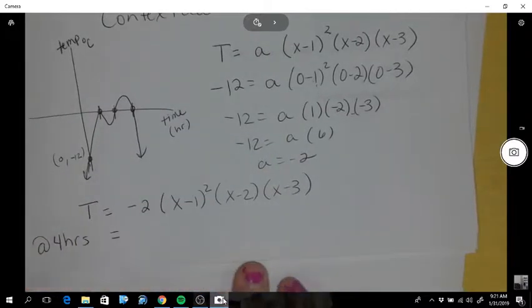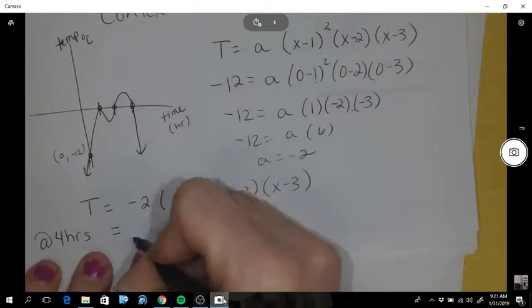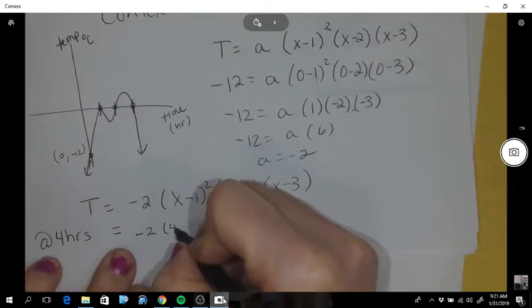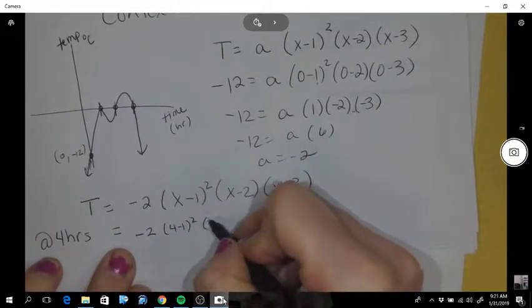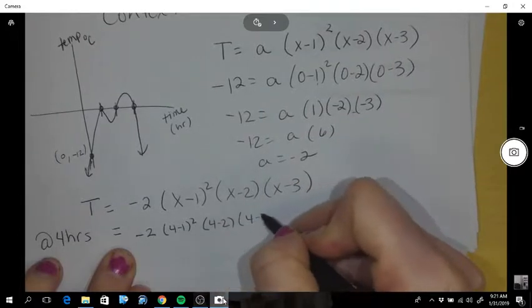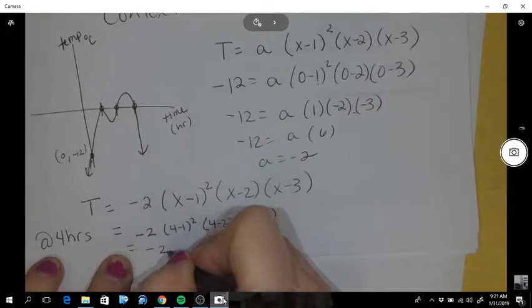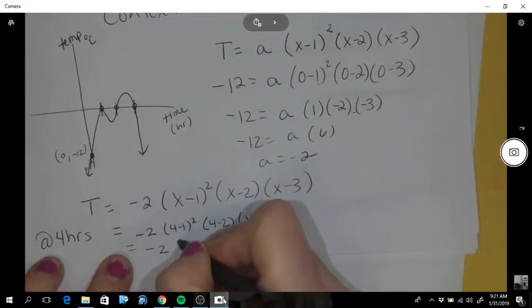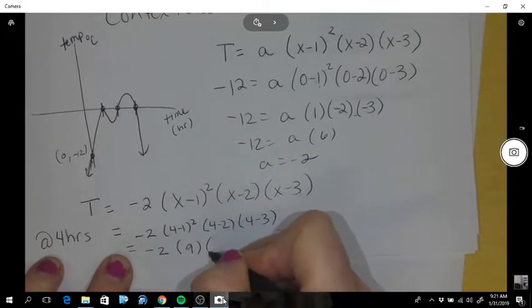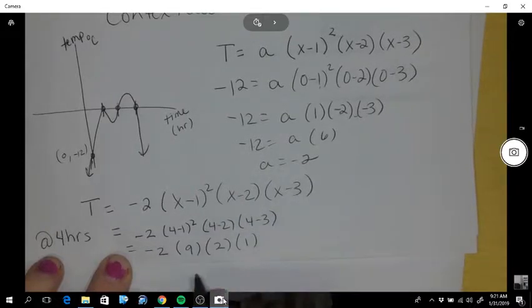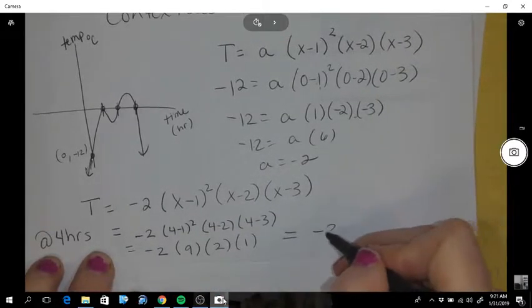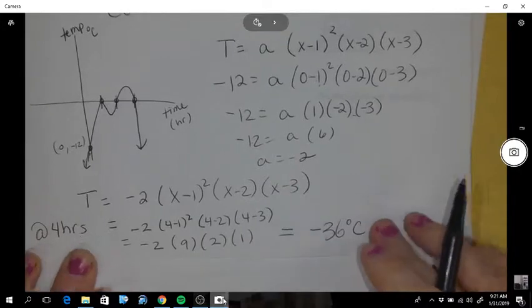So if I was to estimate the temperature at 4 hours, I would have -2, 4 minus 1 squared, 4 minus 2, 4 minus 3. Okay, so this is -2. This is 3 squared. So 9 times 2 times 1 equals -36 degrees Celsius.